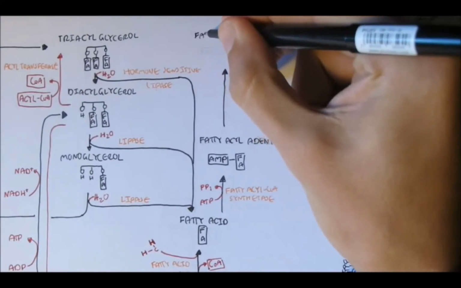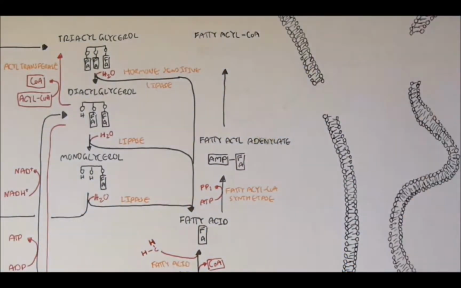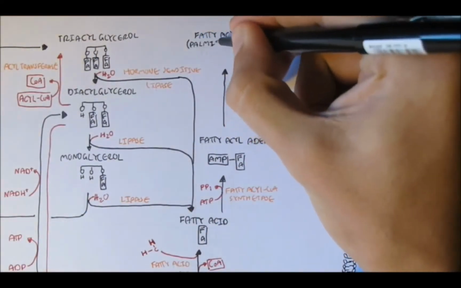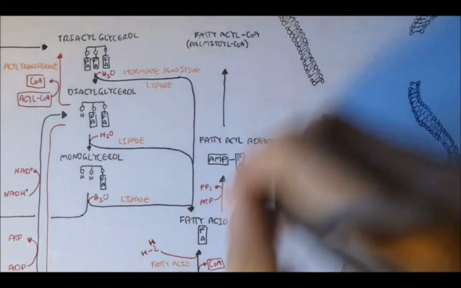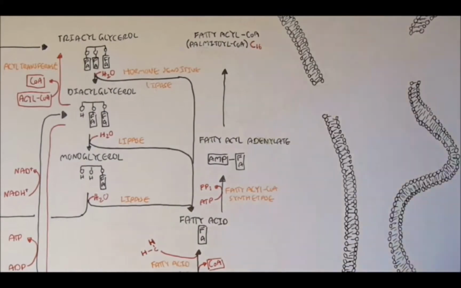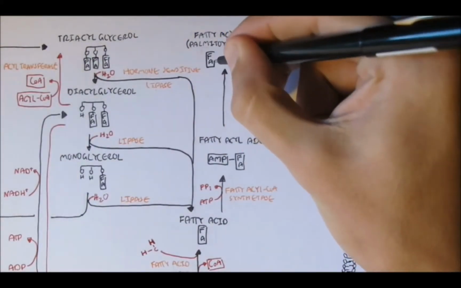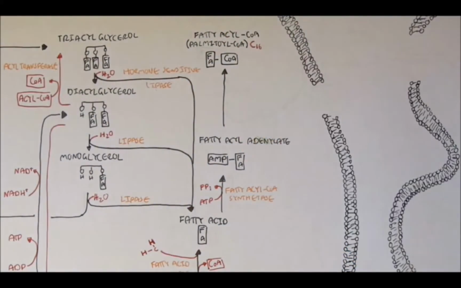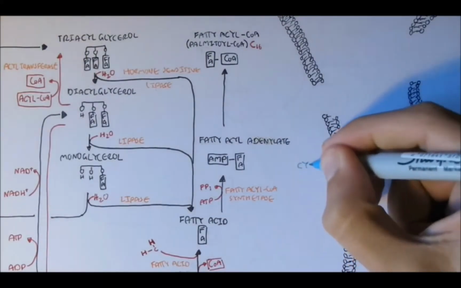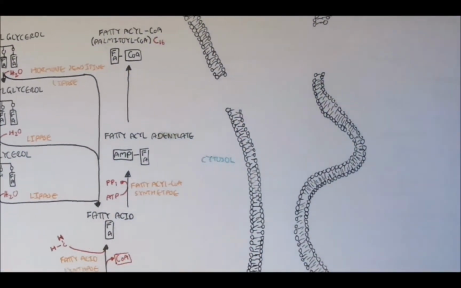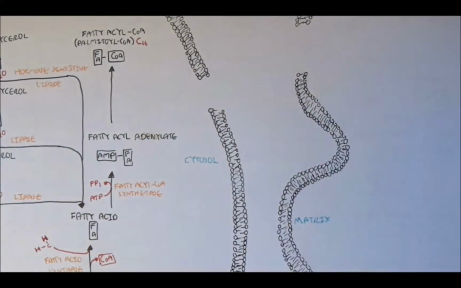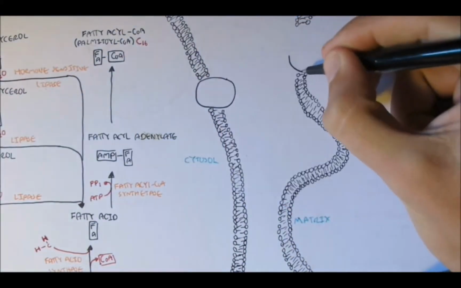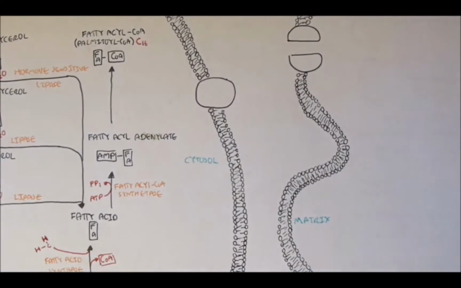Then fatty acyl adenylate removes the adenosine monophosphate and adds a CoA group to form fatty acyl-CoA. This is done by the same enzyme, fatty acyl-CoA synthetase. The fatty acyl-CoA can be any number of hydrocarbons, but typically for fatty acid breakdown, we would want to degrade the big ones, such as palmitoyl-CoA, which is a 16-carbon fatty acid chain.